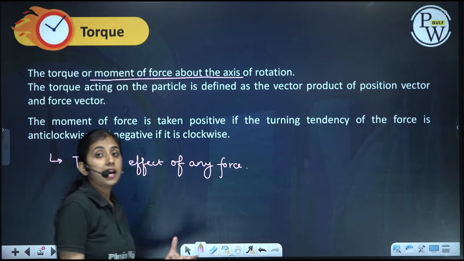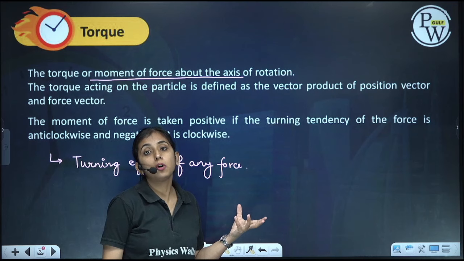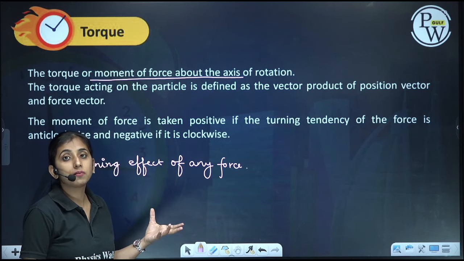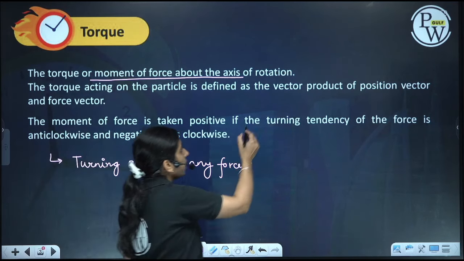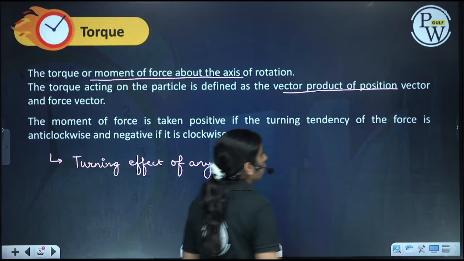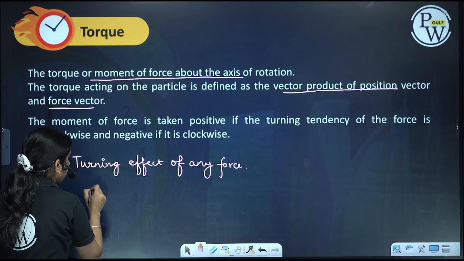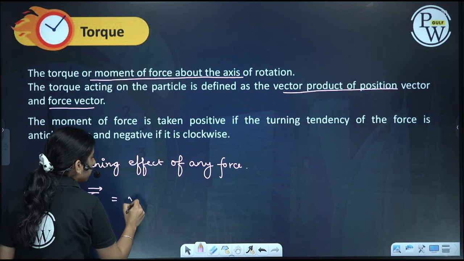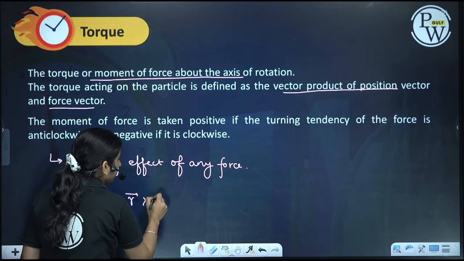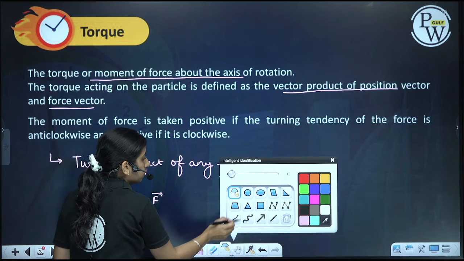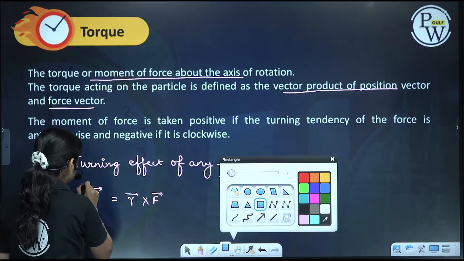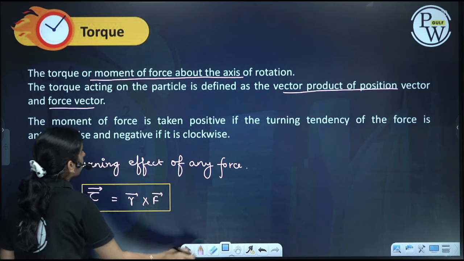Torque is defined as the cross product or vector product of position vector and force vector. Torque is denoted by tau. It is defined as R cross F.